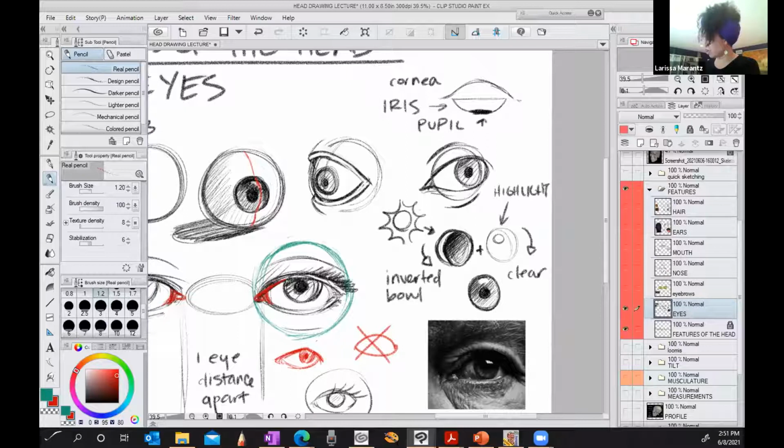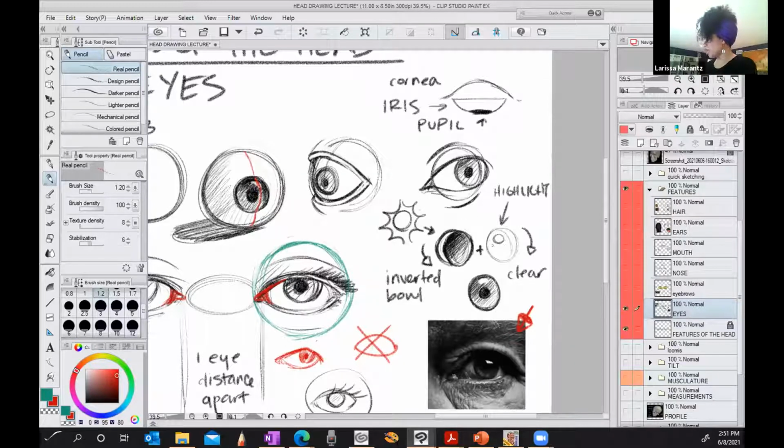But what's getting hit by light is the opposite side. This is why you see the highlight is right here. So the light is coming from this direction, and that's where the shadow is going to be. So the shadow on the iris is in the direction of the light.